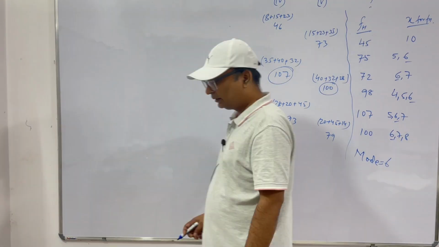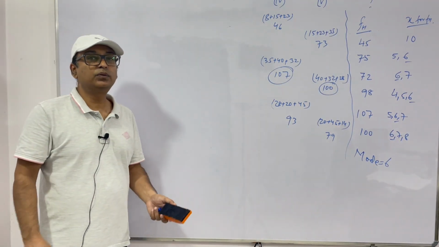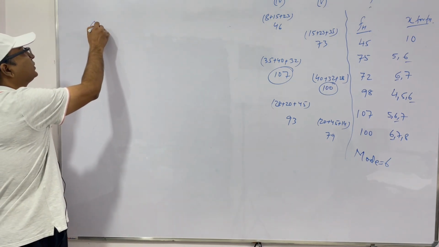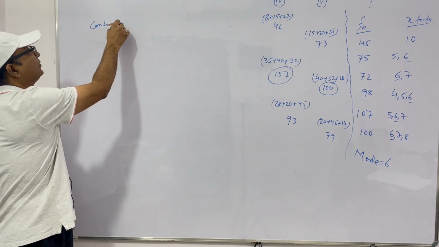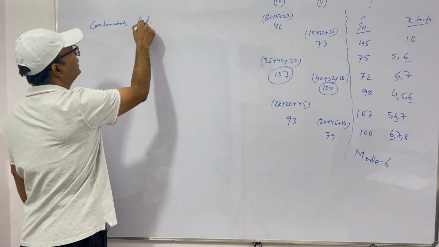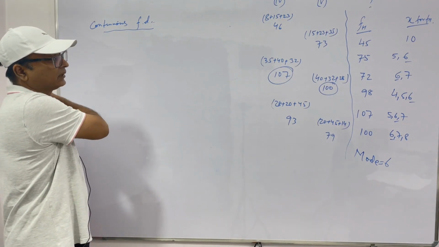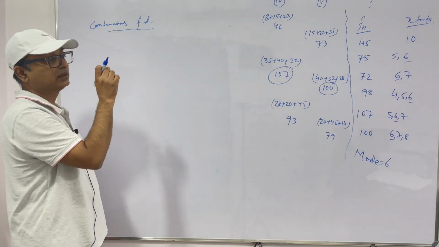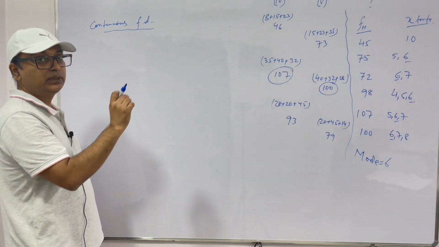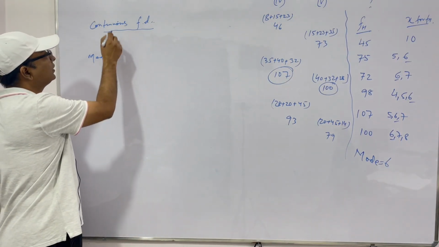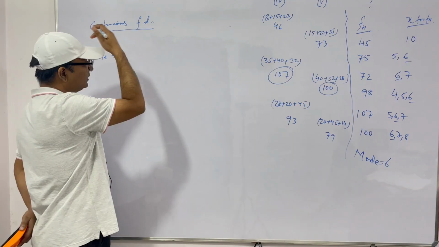Okay. Now what is the mode for a grouped distribution, that is, a continuous frequency distribution? That is, we have classes 0 to 10, 10 to 20, 20 to 30. How do we find it?